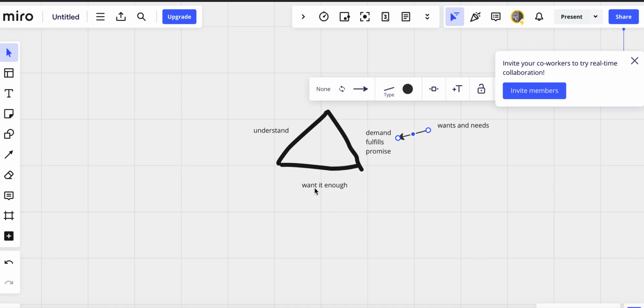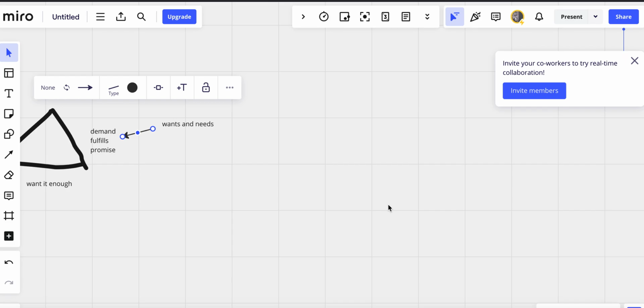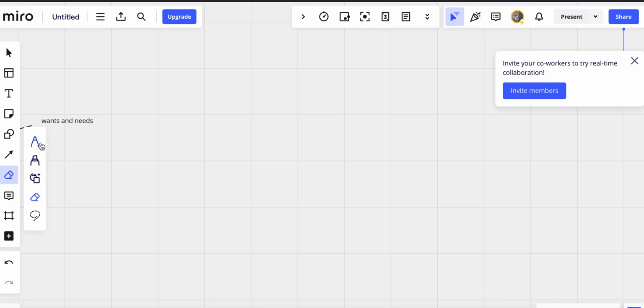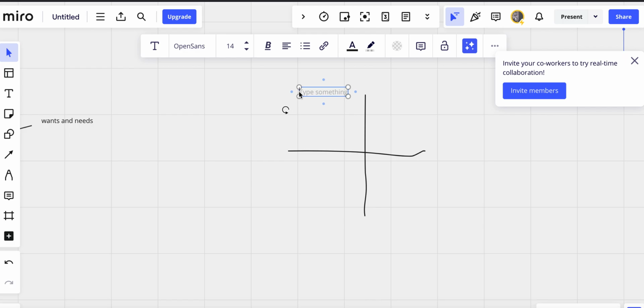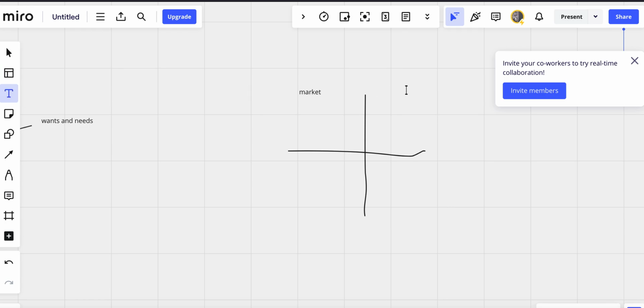And so there's this other diagram that's used to create this picture of the market. Let me get my drawing tools back. It disappeared on me. Here's my eraser. Okay, so we had this other diagram, and this one starts with the market on one side, and then it has business on the other side.